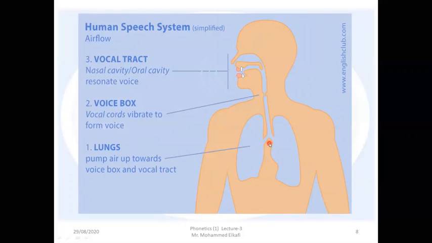So here you remember this diagram. The air moved from the lungs to the larynx, or the sound box or the voice box. Then it moved to the vocal tract, to make a sound through the oral cavity or through the mouth, or even to make the sound through the nasal cavity or through the nose.